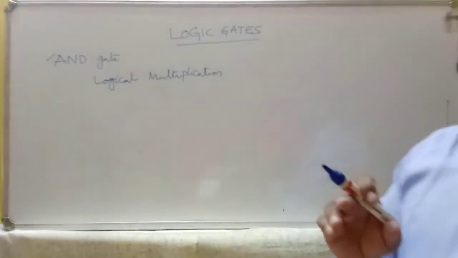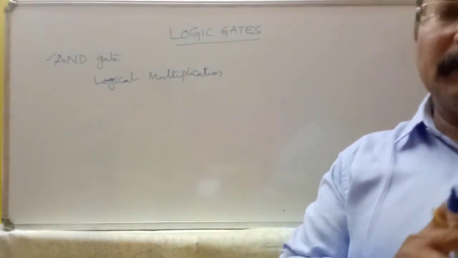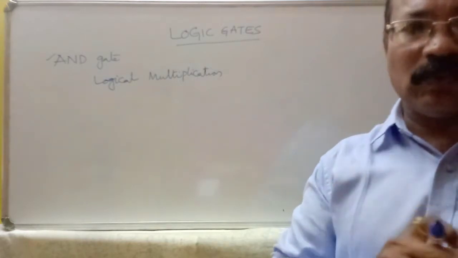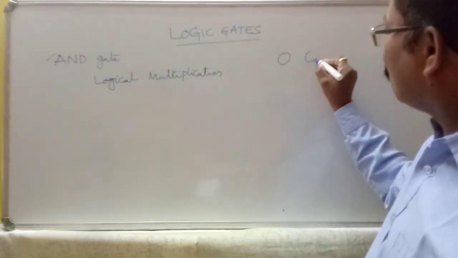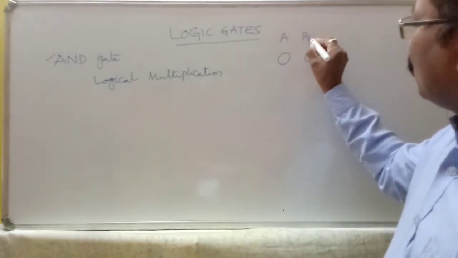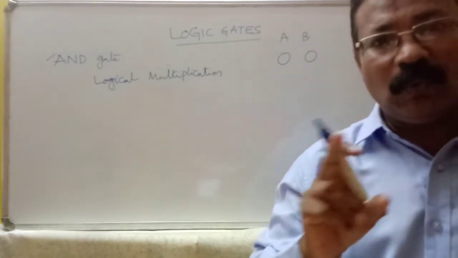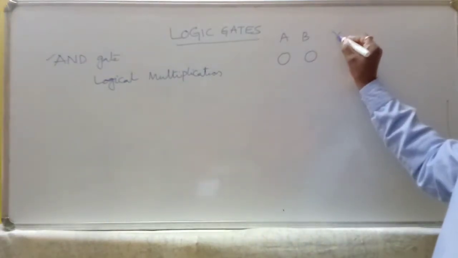Suppose you are taking any two values, where A and B are the two variables, and what is its output?